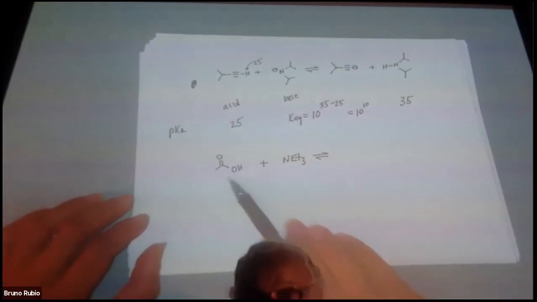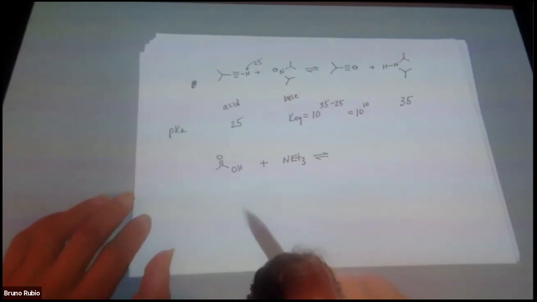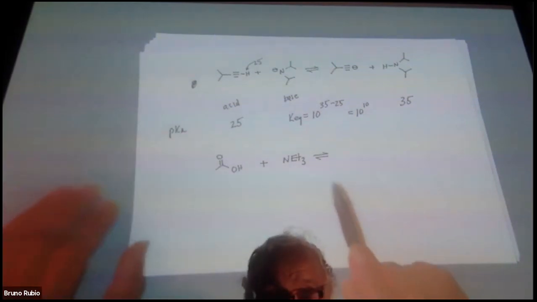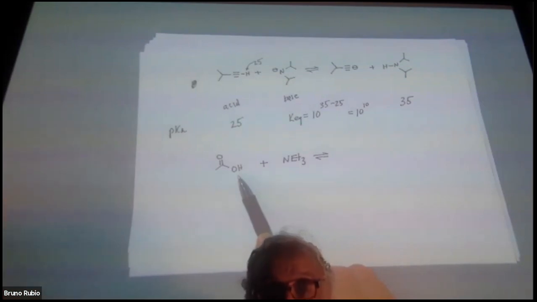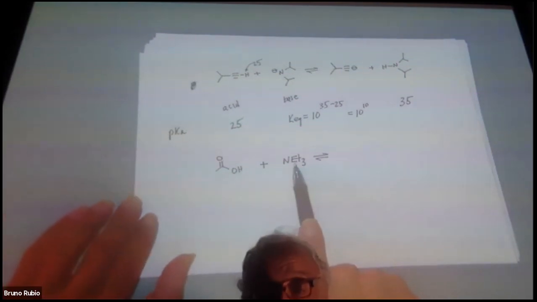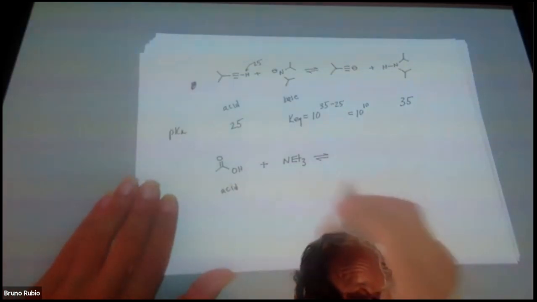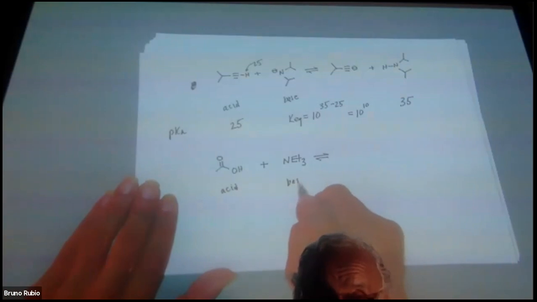Here we don't have a negative charge. But this problem is a little bit simplified in that we recognize this is the carboxylic acid, right? So this is the acid, and this guy must be the base.